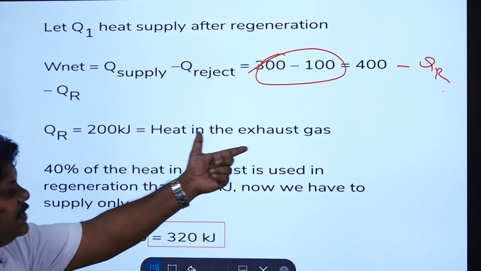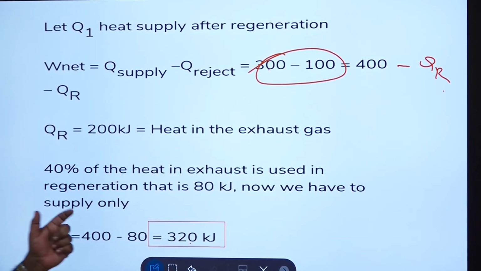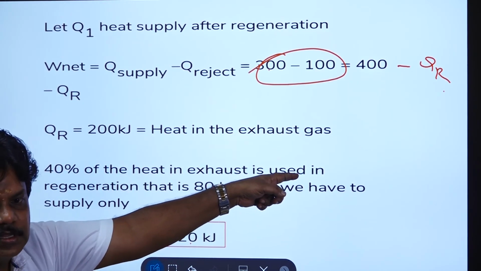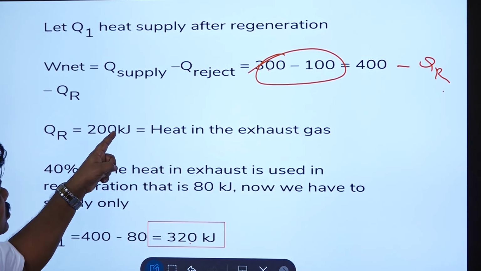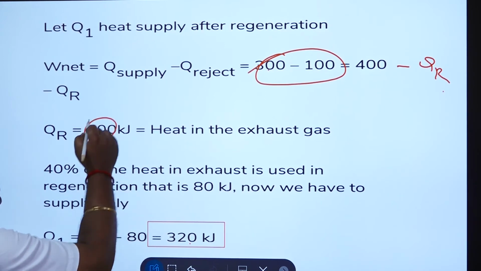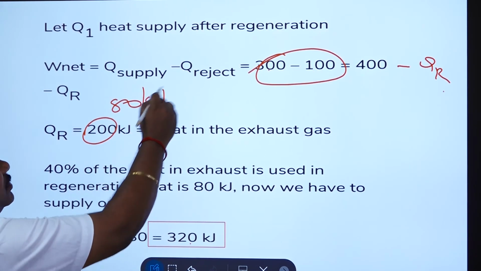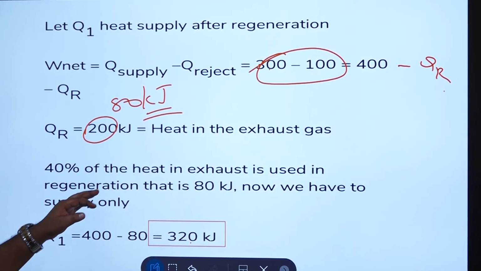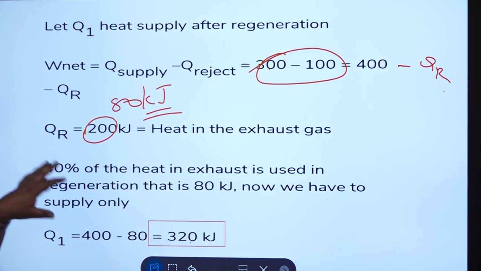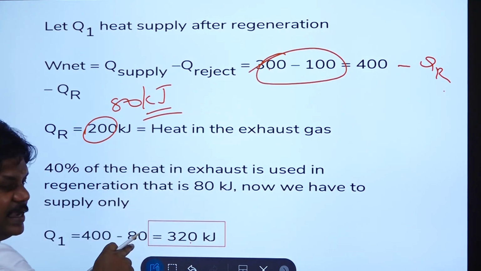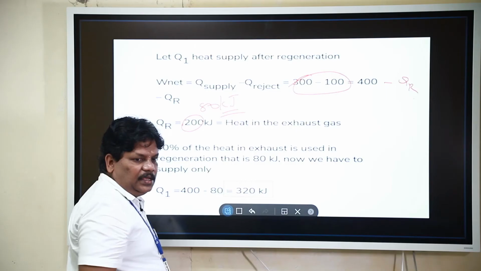So that is the heat in the exhaust gas, 200 kilojoule. The question says 40% of the heat in the exhaust gas is used. So for this 200 kilojoule, 40% is used: 2 fours are 8, so it is 80 kilojoule used in the regeneration. What is the remaining supply? 400 minus 80 will be equal to 320 kilojoule.